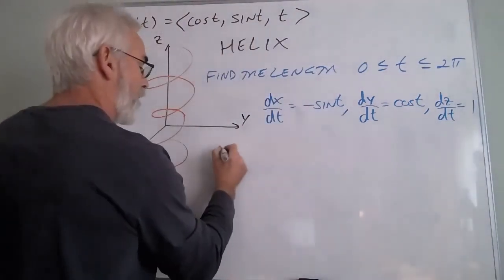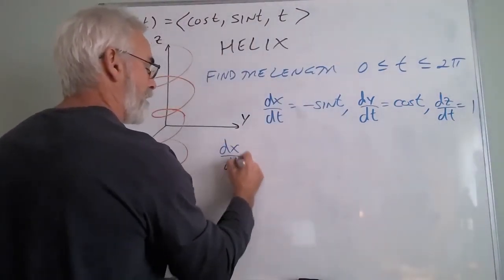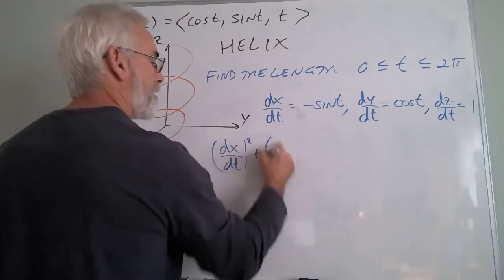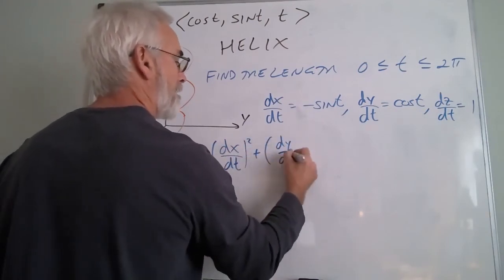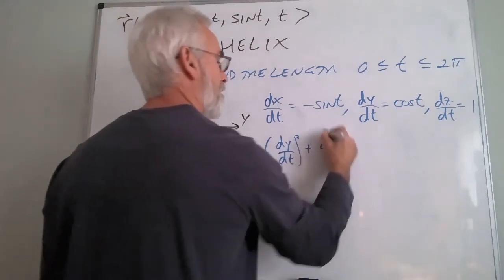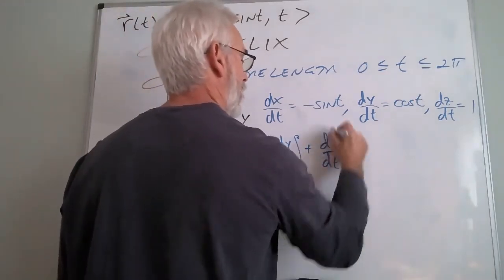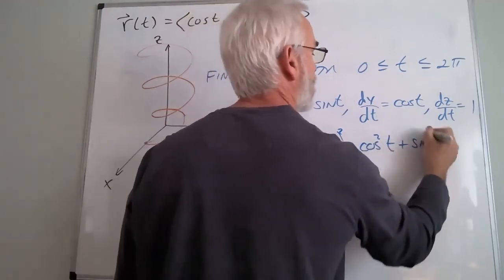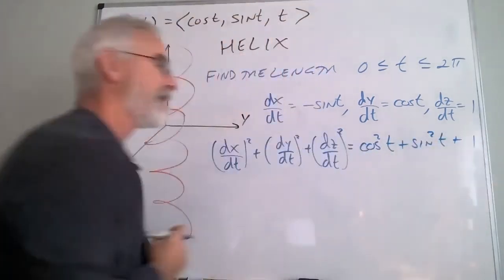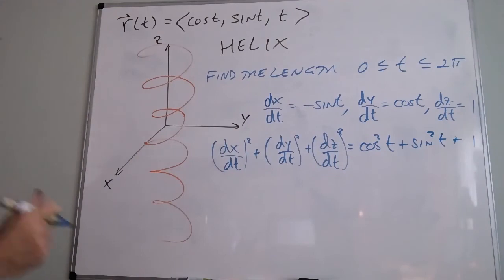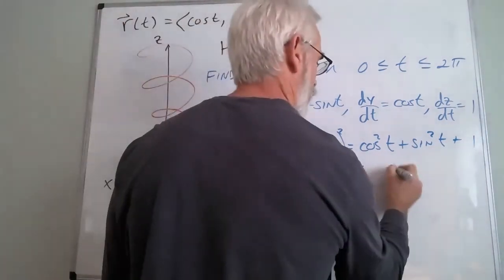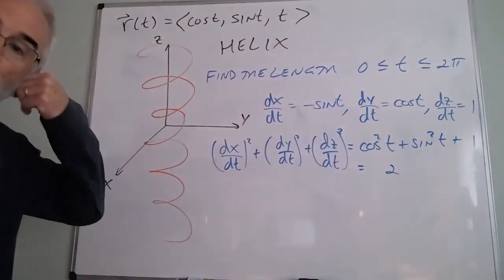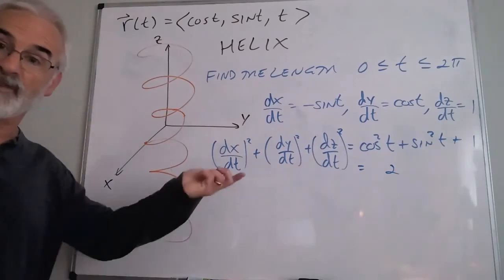Okay, next I want the squares of these added up. So it'd be cos squared t plus sine squared t plus 1 squared. Well, that's not too hard to figure out. That's just 2. So the thing that's going to go under my root is the number 2.